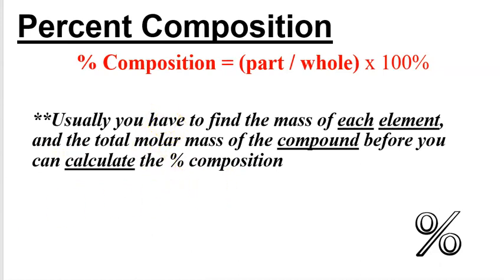Percent composition, this is my formula for percent composition. So you might want to star this or something in your notes so you know this is your formula. Yeah, I'm going to put a star by that. This is important. It's part over whole times 100.